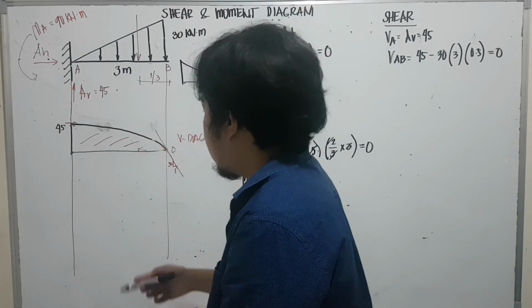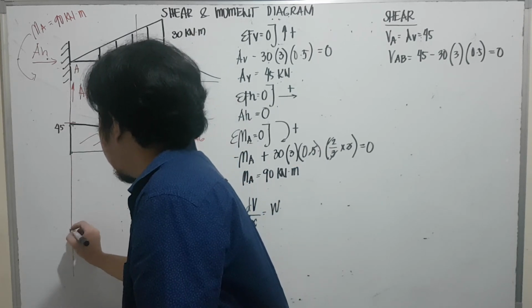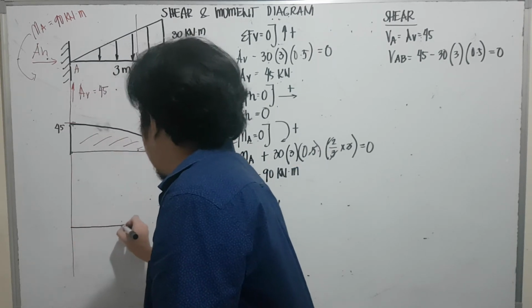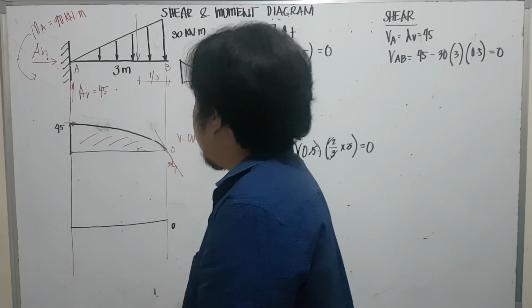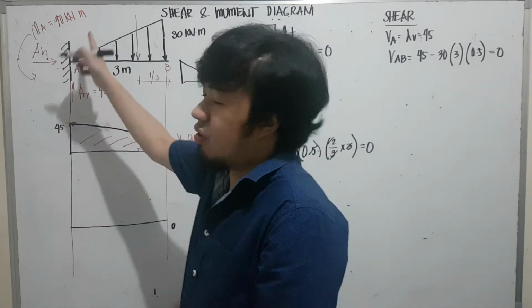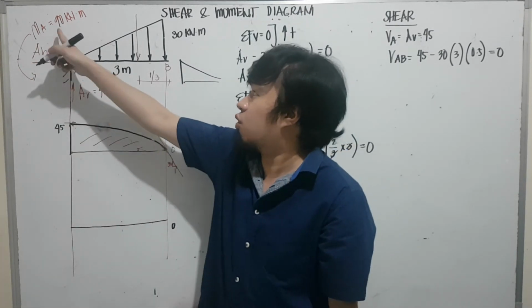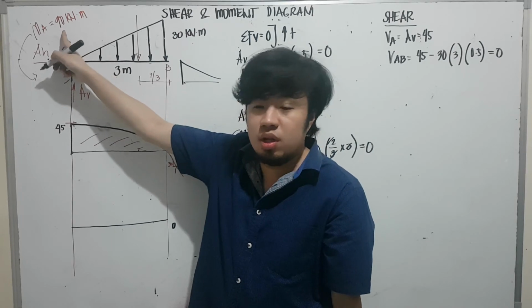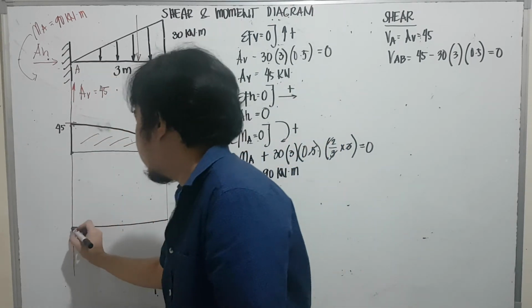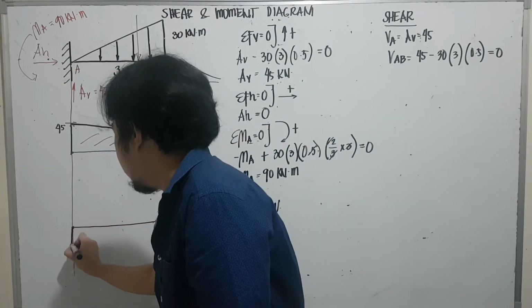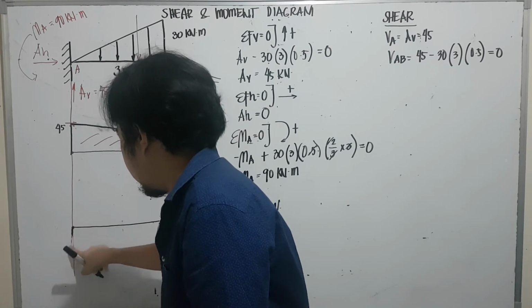Okay, next we have here the moment diagram. For the moment diagram, we have here a counterclockwise moment of 90 kilonewton meter. So that would go down. So 90, from 0 to 90.